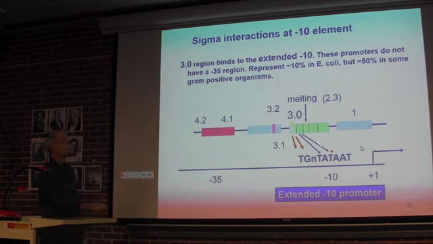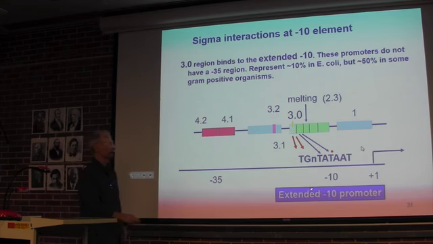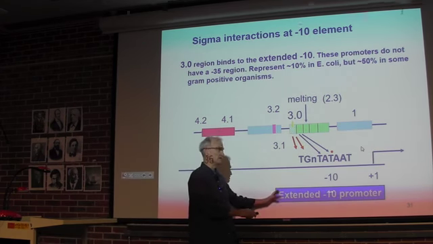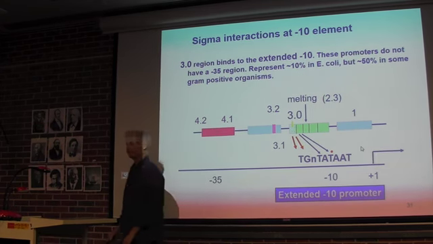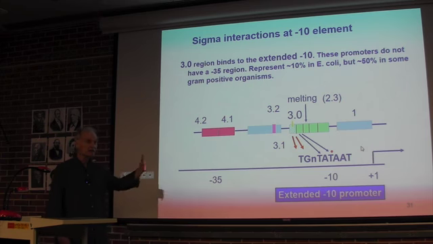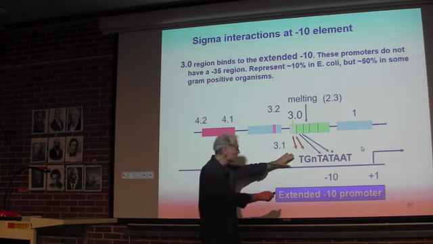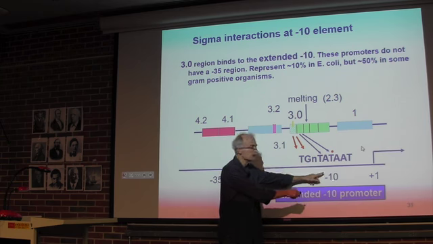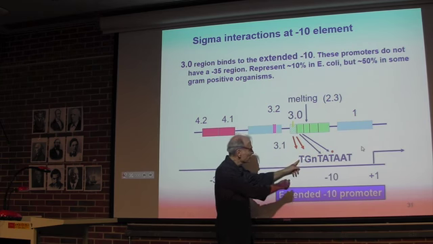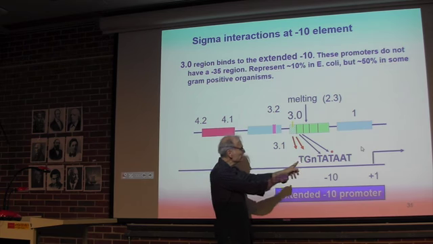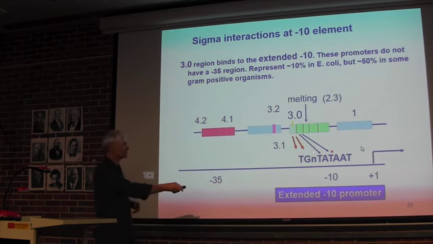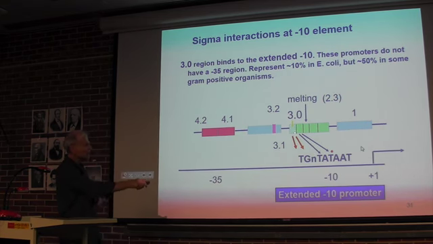And now we've got something called the extended minus 10 promoter. A lot of promoters, especially in B. subtilis, about half of them, have things that are upstream of even TATA. You have these two nucleotides. This can be anything, and a T and a G is part of the consensus, and that involves domain 3.